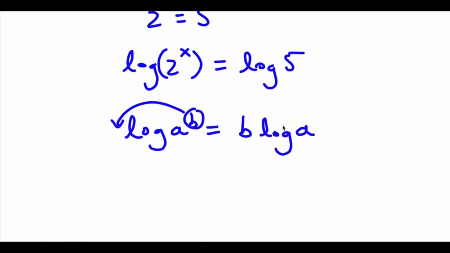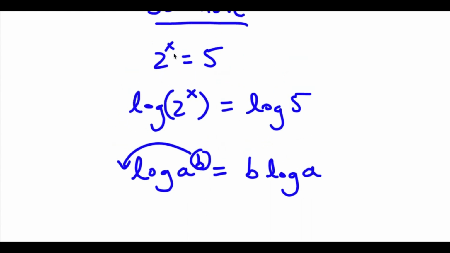And the reason why this property is so important is because in its current form, we're trying to solve for x, and x is an exponent here, right? And we know that x is going to be a decimal because you can't take 2 to the power of a whole number and make it equal 5. 2 to the power of 1 is equal to 2. 2 to the power of 2 is equal to 4.